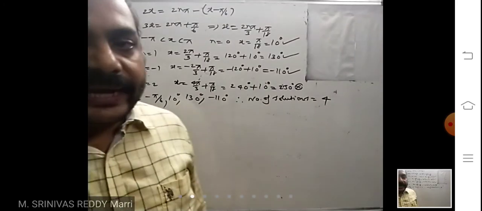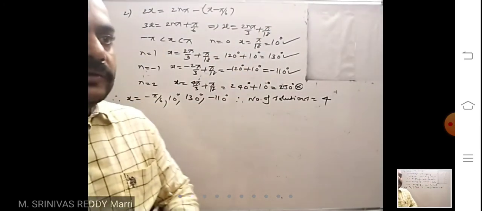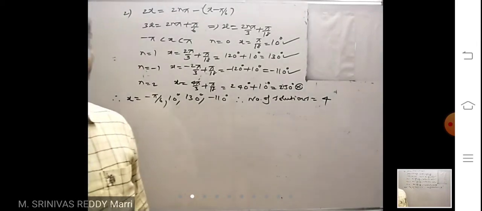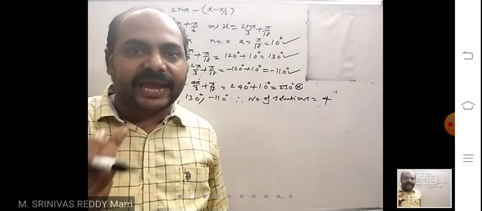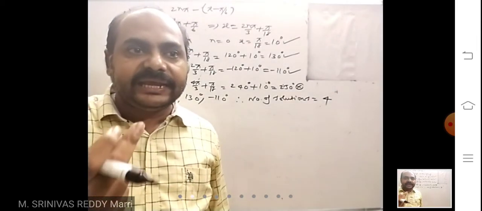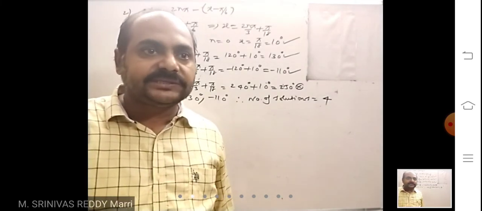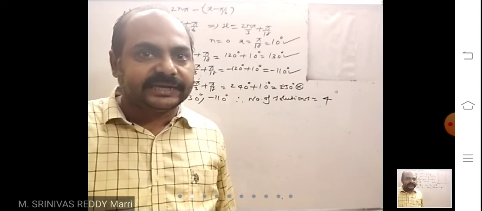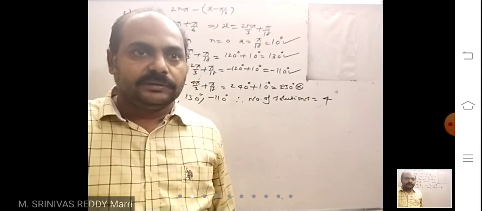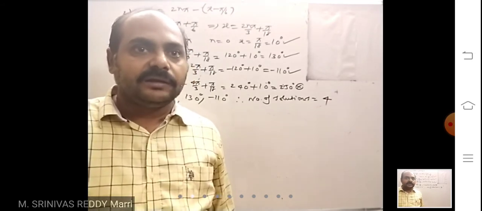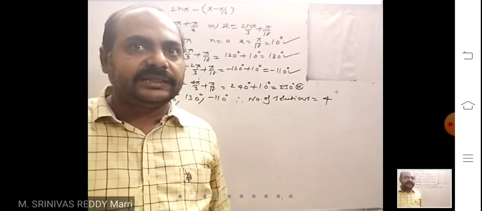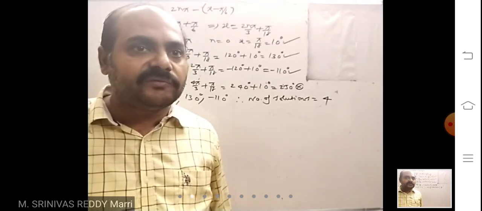Before going to the next concept, in extreme values I told you maximum and minimum values. Sin x always lies between minus 1 to 1. Minus 1 less than or equal to sin x, less than or equal to 1. Sin square x always lies between 0 and 1.